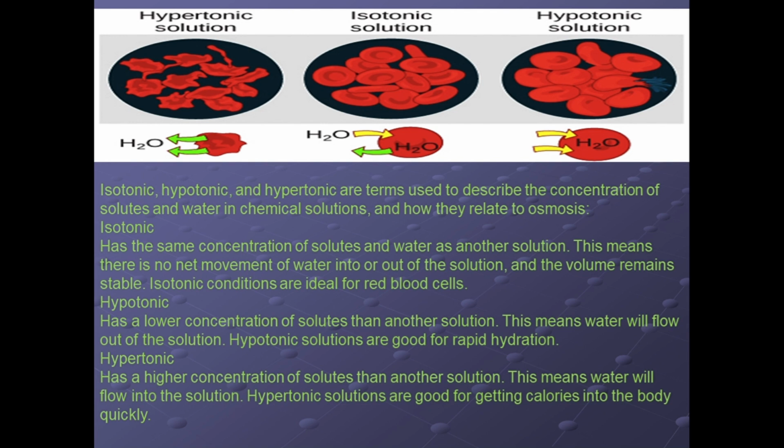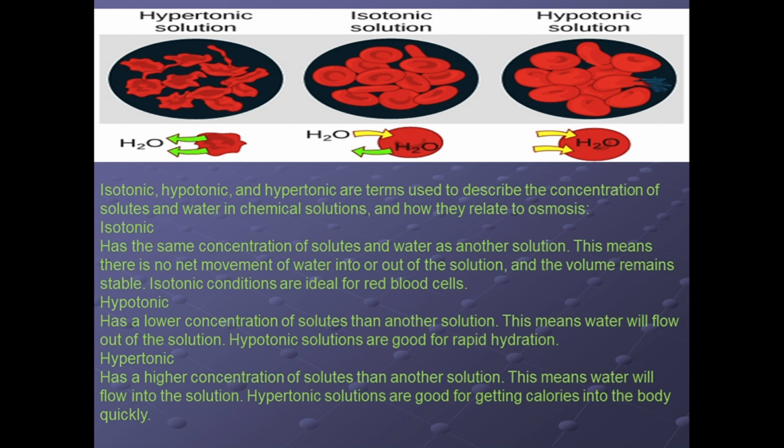For example, if fruit pieces are kept in thick saturated sugar solution, the water from the fruit pieces enters the sugar solution so that the fruit pieces shrink after a while. In this way, if a plant cell or animal cell is kept in a hypertonic solution, water comes out of the cell by the process of exosmosis and there is a contraction of the cytoplasm.